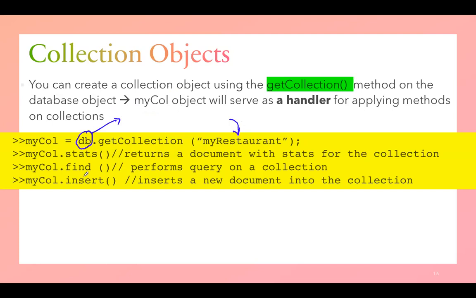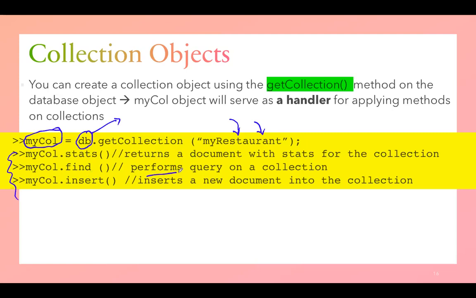It will create a handler, an object that you can use to access the specifics hidden inside this myRestaurant collection. This is from your homework assignment, right? Do you follow this one? In your homework assignment, I told you to apply these three methods, and that's it. You answered three questions, probably, or only one question.